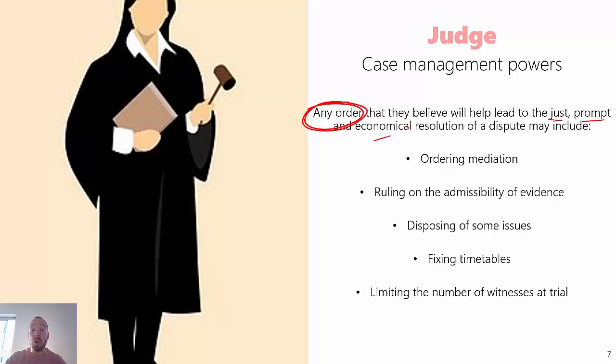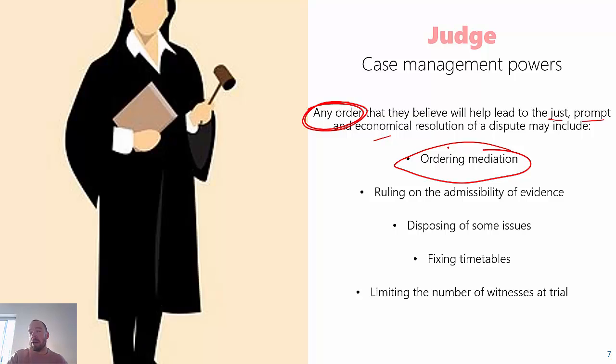What are some specific orders that therefore a judge or a magistrate might give? They might order the parties to attend mediation. Can they order the parties to resolve their dispute at mediation? No. But they can order the parties to at least try and order the parties to attend mediation.